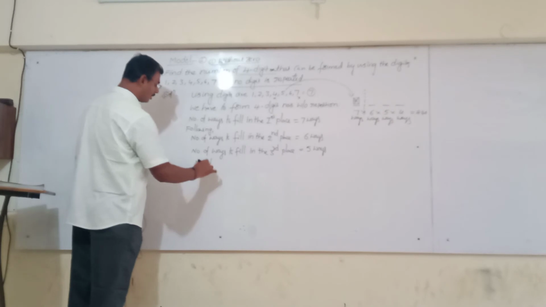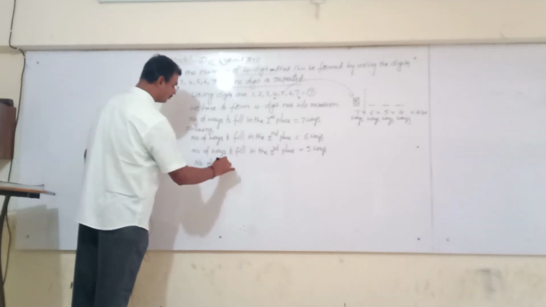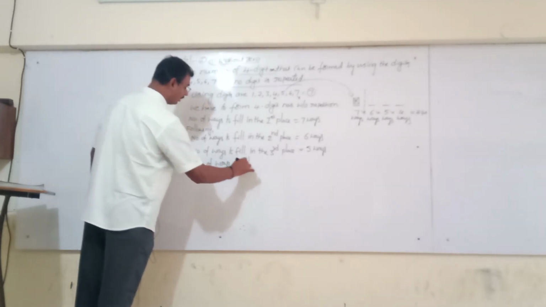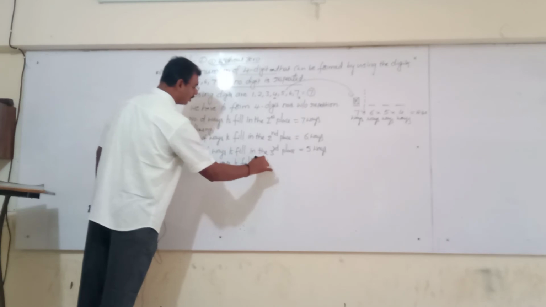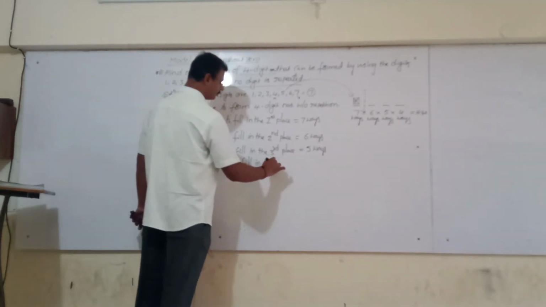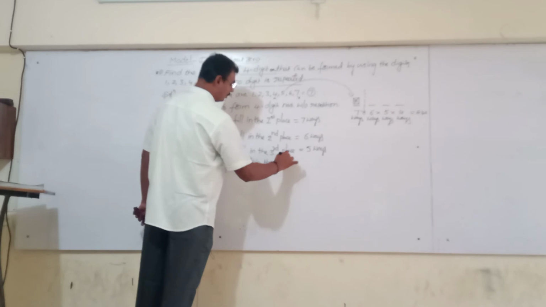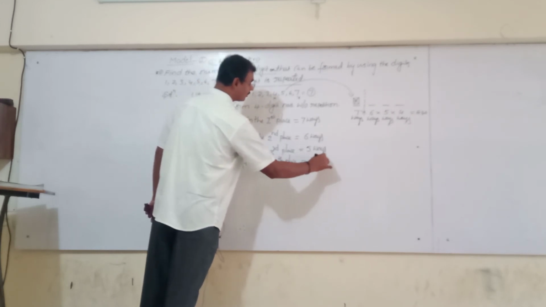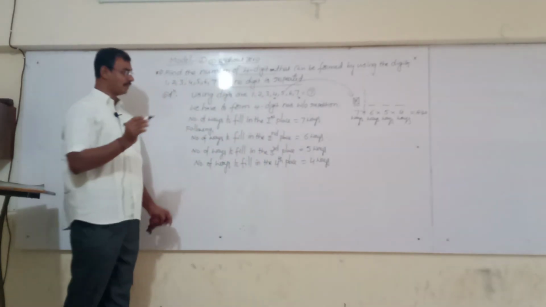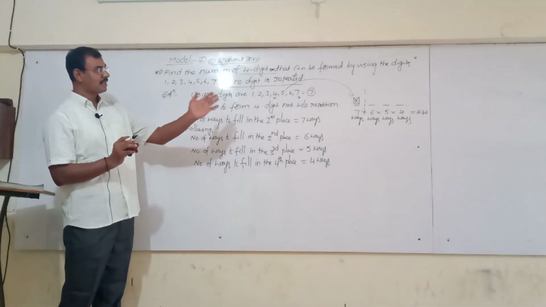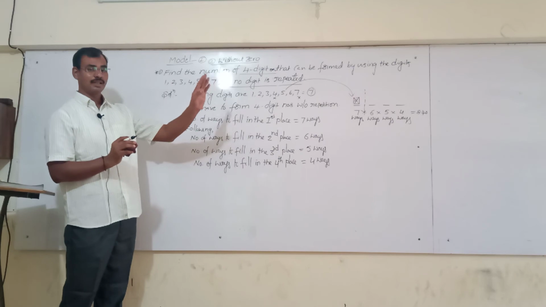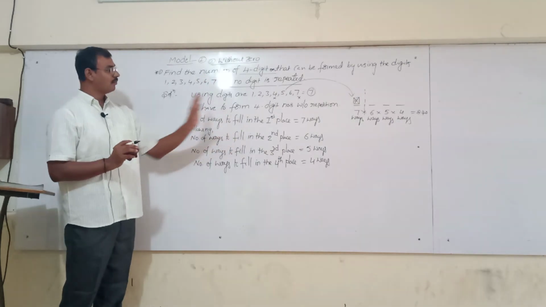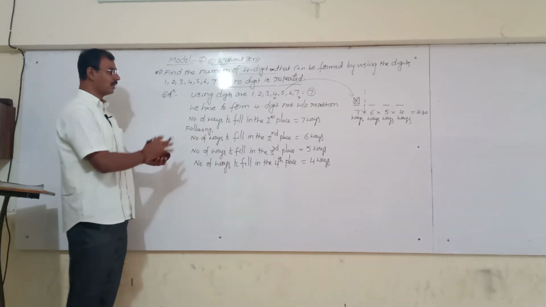Similarly, number of ways to fill in the fourth place is equal to 4 ways. So all are completed: first place filled, second place filled, third place and fourth place also filled. We got 4-digit numbers. So finally, the total number of ways.